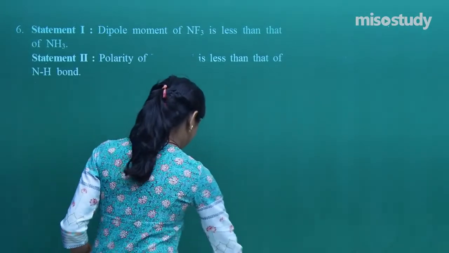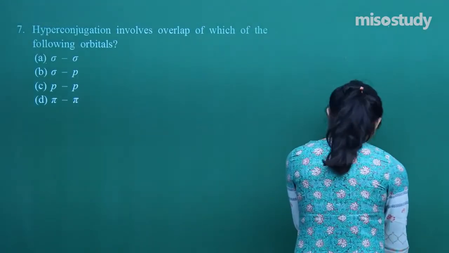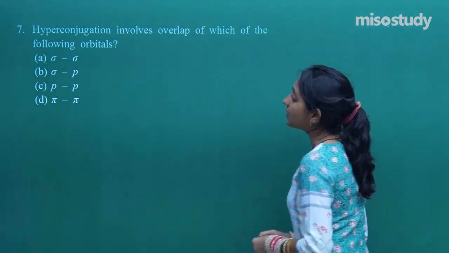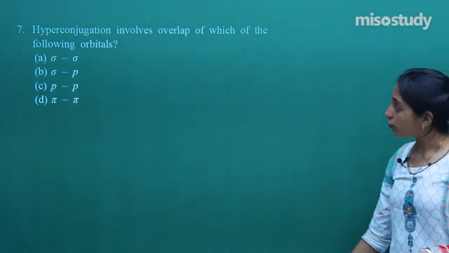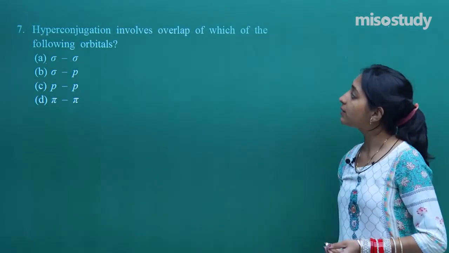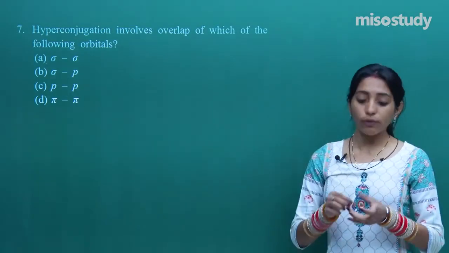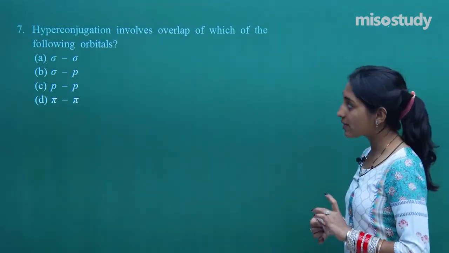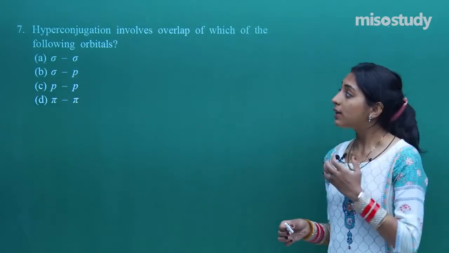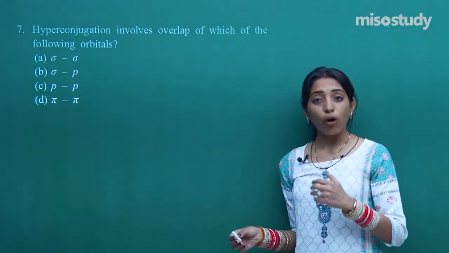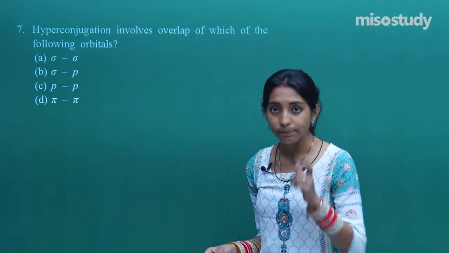Question number 7, which you can see on the screen, says hyperconjugation involves the overlap of which of the following orbitals. These orbitals are given to you and you need to tell me that hyperconjugation is a concept of which of them.